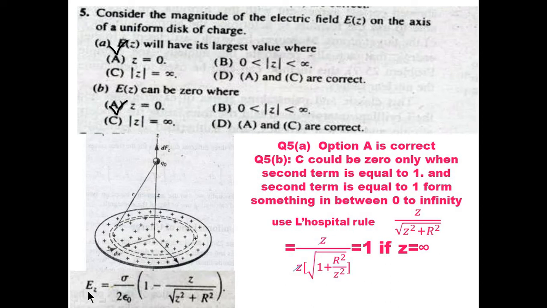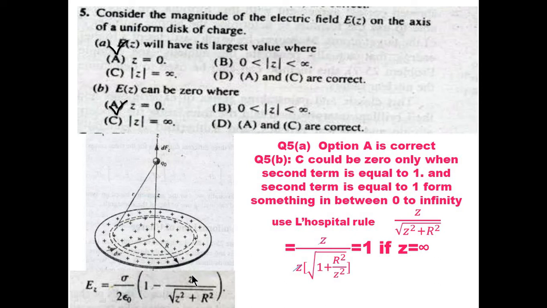You can see that EZ is equal to sigma over 2 epsilon naught times 1 minus z over this. If all this term is equal to 1, then 1 minus 1 you get 0, so EZ will be 0. If this value is greater than 1, then this would be negative, right? So this is also not the correct option. If this value is somewhere between 0 and 1, like 0.9, 0.8 or 0.7, then you are subtracting this value from 1, and when this is multiplied by the prefactor, you get a very small value, not the largest value.